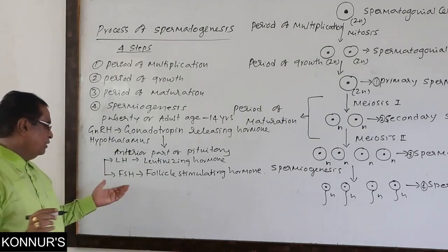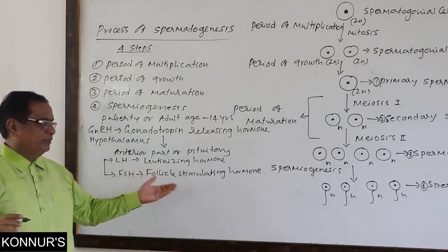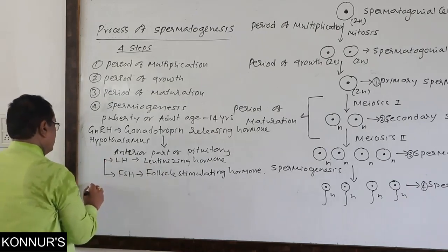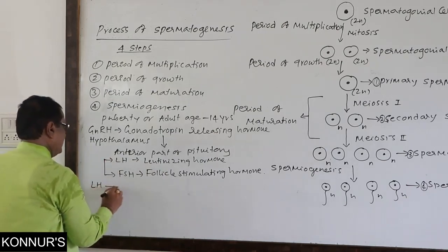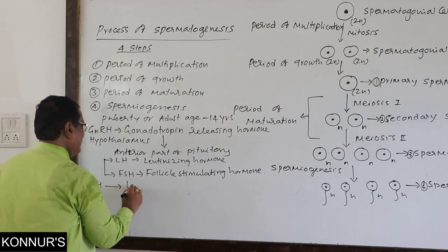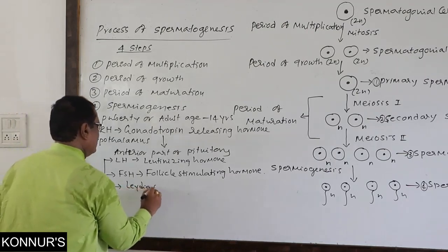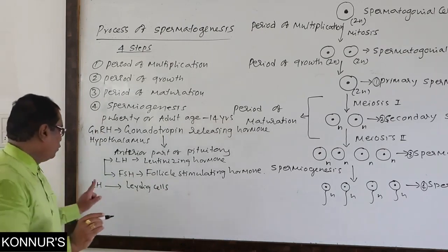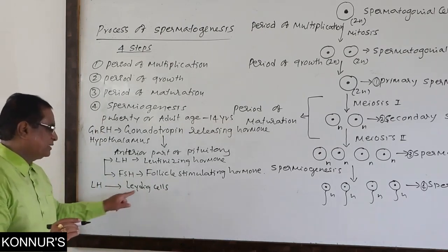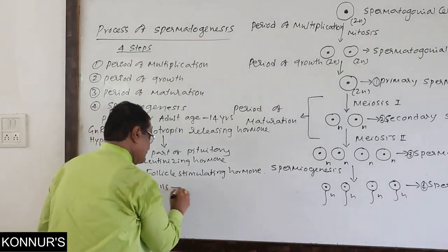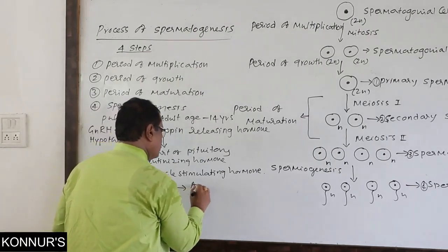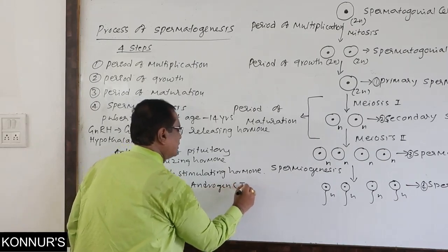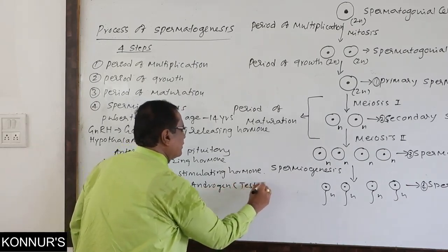This LH stimulates Leydig cells. They are there in interstitial space. Once LH stimulates, Leydig cells produce androgens named testosterone.